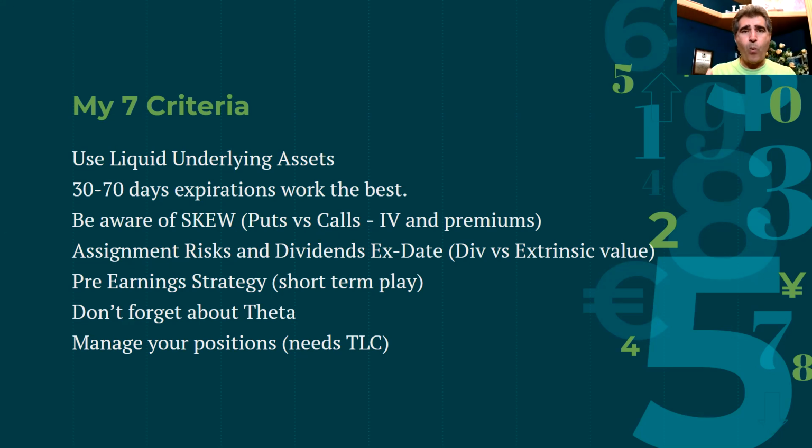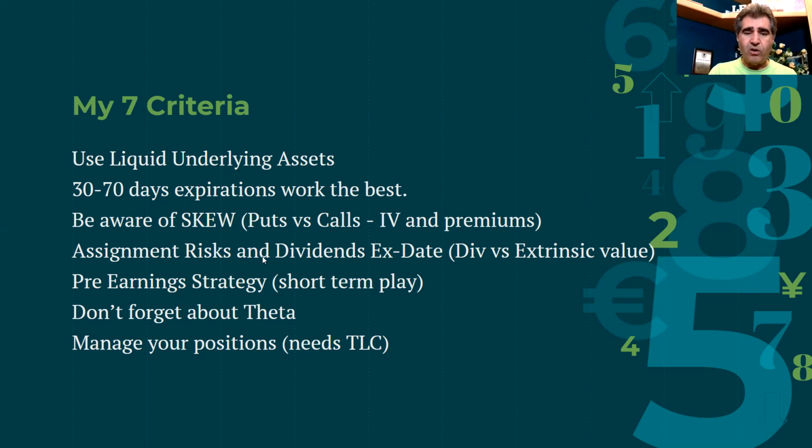So always be aware that whoever has bought that call option can always exercise it, and you can be assigned. Don't think that because the price is not there yet and it's not the end of the expiration, you cannot be assigned. No, this is American style, you can always be assigned.